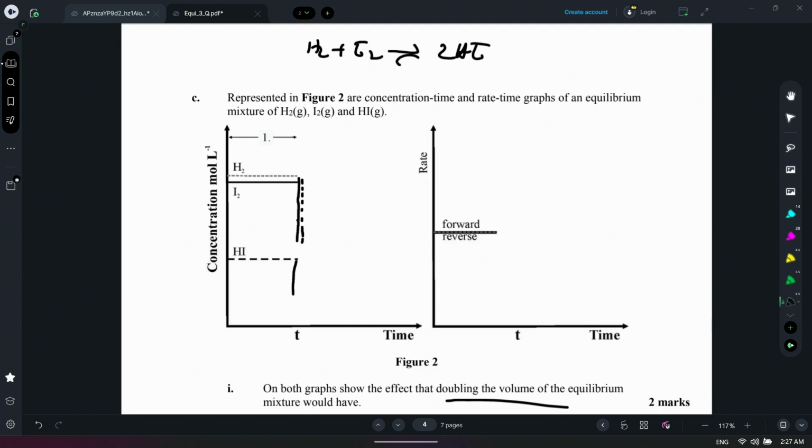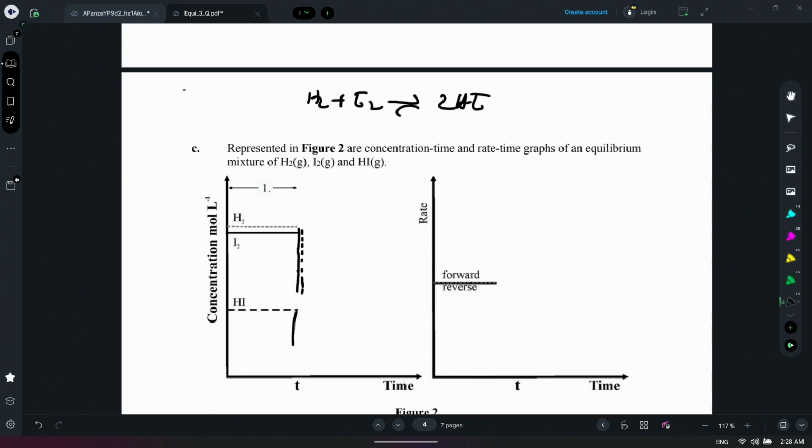When you are doubling the volume, concentration will be halved. You have doubled the volume. When you double the volume, pressure is going to be halved.